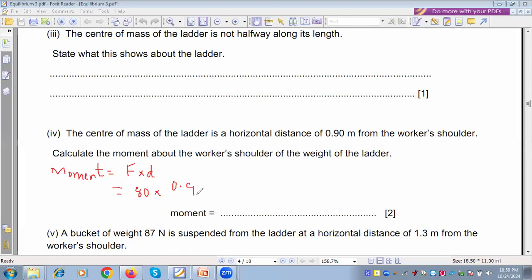So what will be the answer? 80 into 0.9 will be 72 Newton meter.